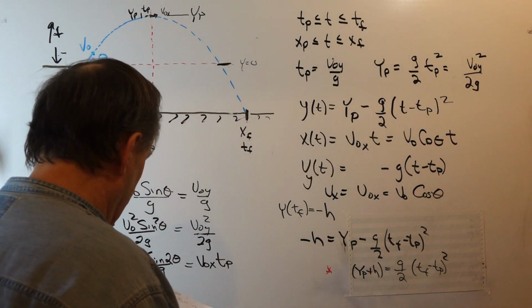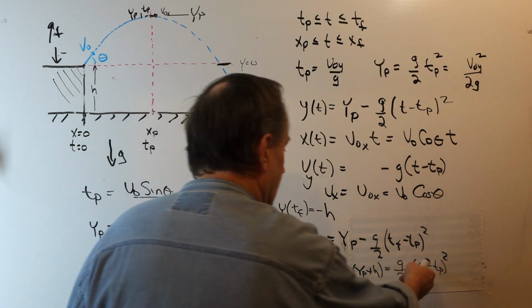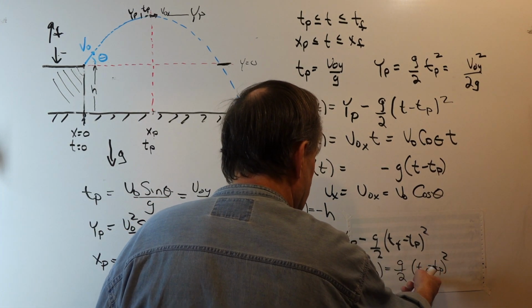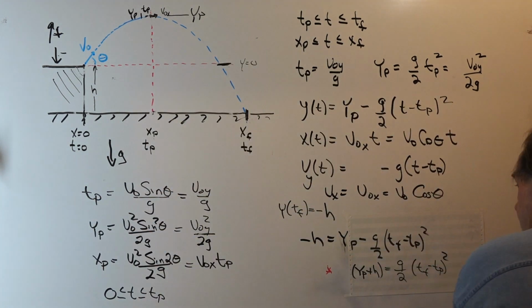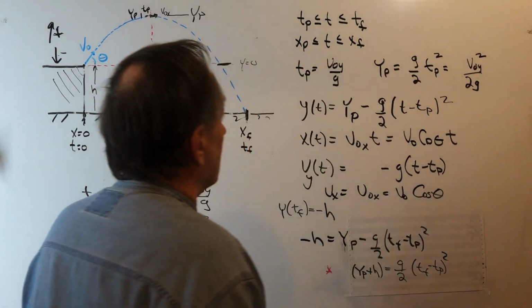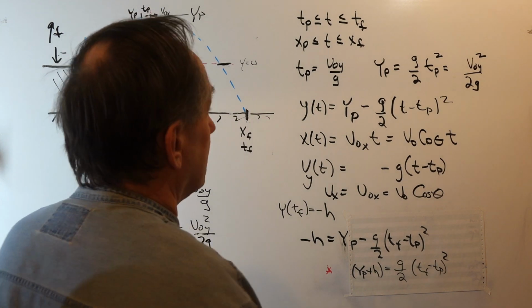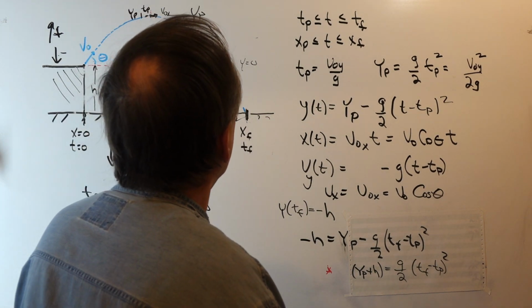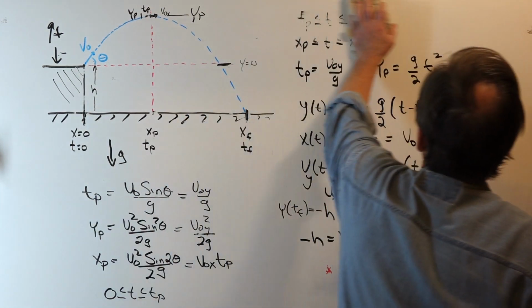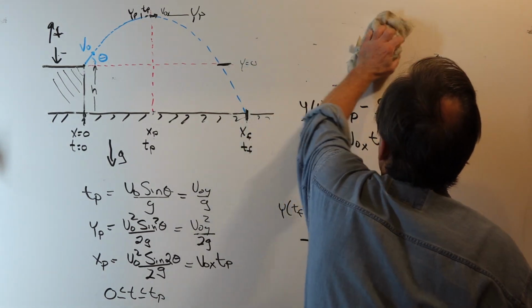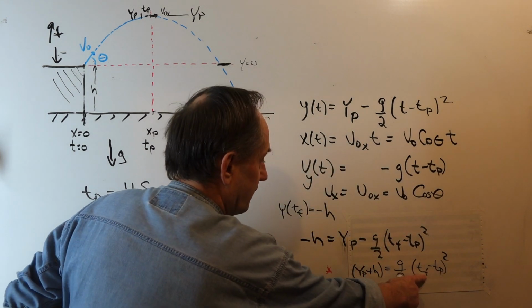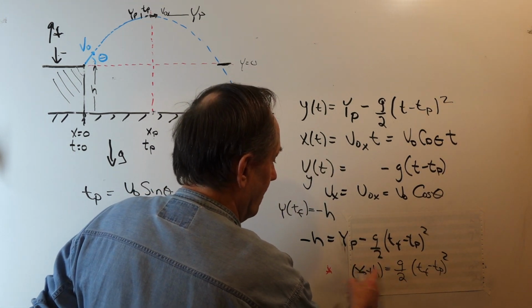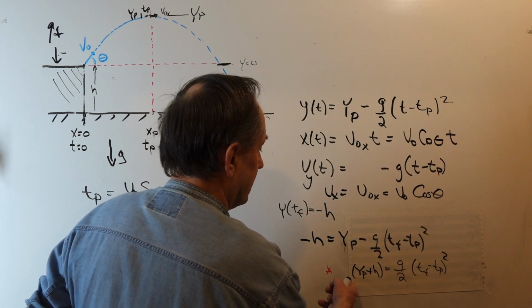So if we want to solve for t final, we're going to move the 2 and the g over to the left side.